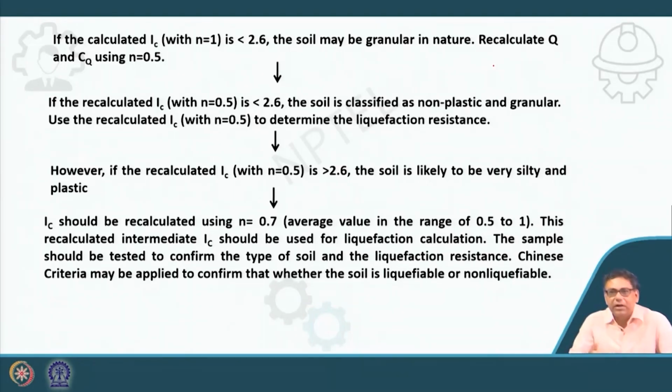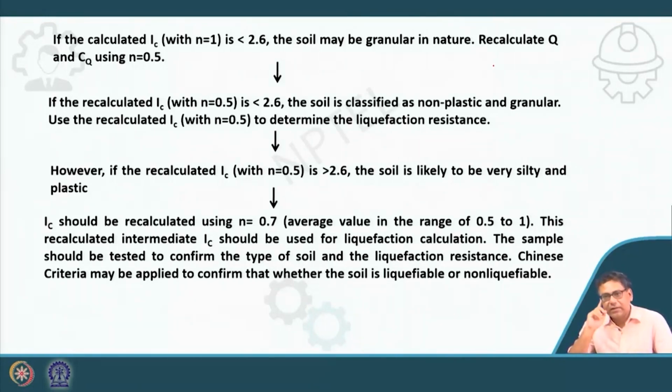Now you recalculate, considering n equal to 0.5, because for granular soil n equal to 0.5. Now if the recalculated IC with n equal to 0.5 is less than 2.6, then the soil is classified as non-plastic and granular, and you use the recalculated IC with n equal to 0.5 to determine the liquefaction resistance.